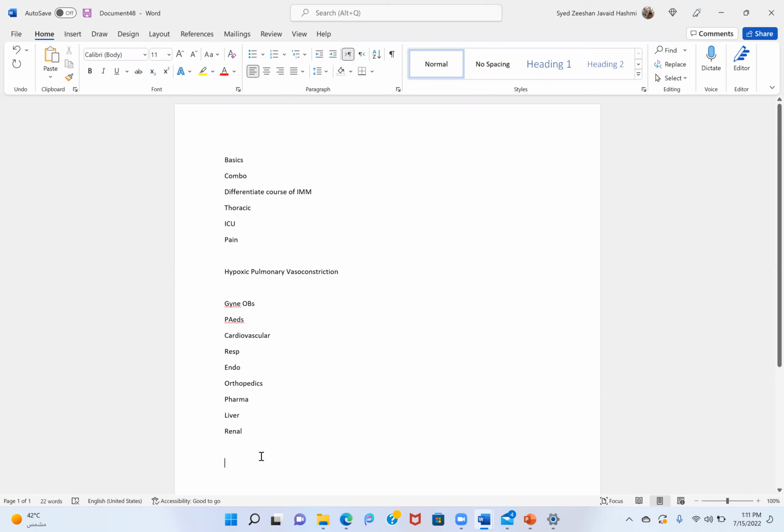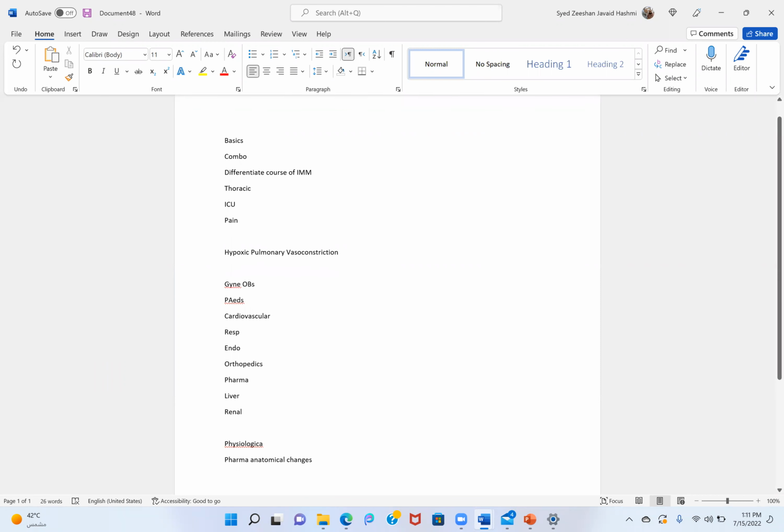So the things which are high yield are related to physiological, pharmacological, and anatomical changes. One part will be related to it. They will be making questions where the main base is related to these changes.